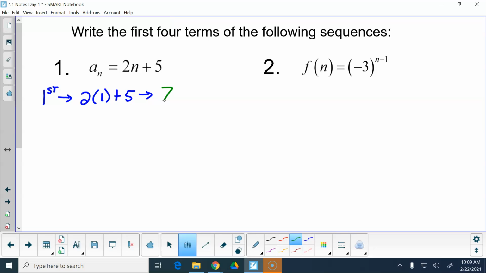So my first term is 7. Then I go to the next term. My second term, I'm going to plug 2 into my rule. 2 times 2 is 4, plus 5 is 9. Rinse, lather, and repeat.